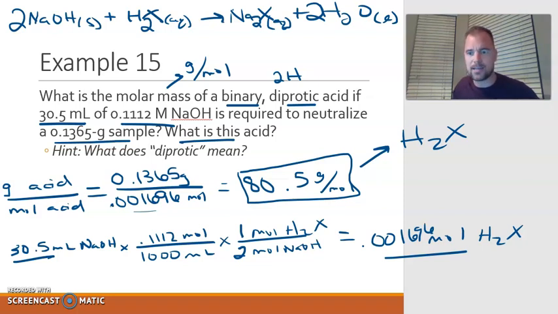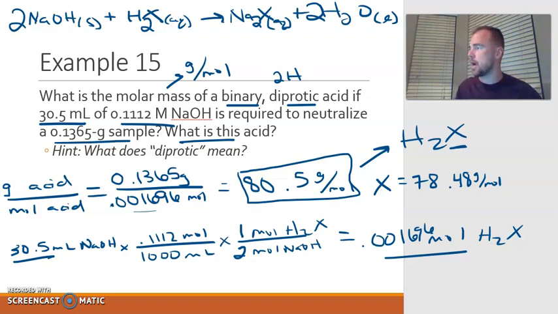Well, if I subtract out the mass of 2 hydrogens, which is about 2.016, from 80.5, I end up getting the molar mass for just element X, which is 78.48 grams per mole.